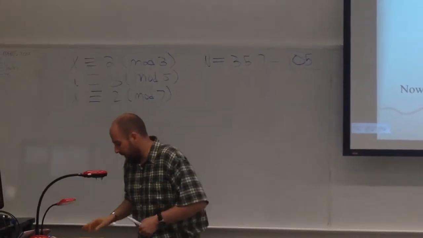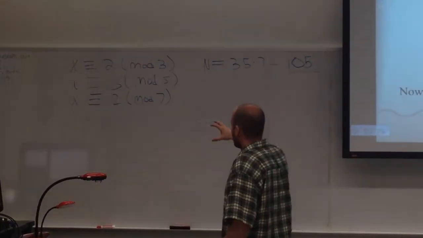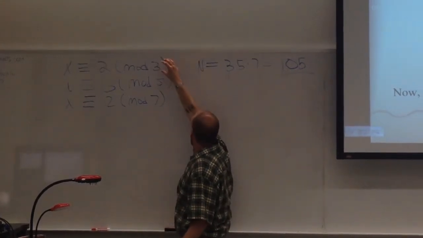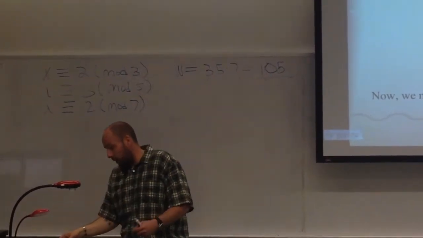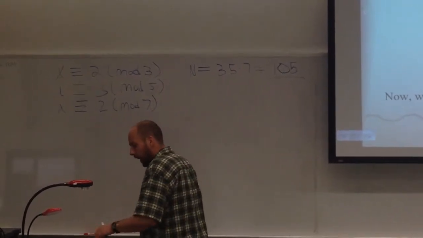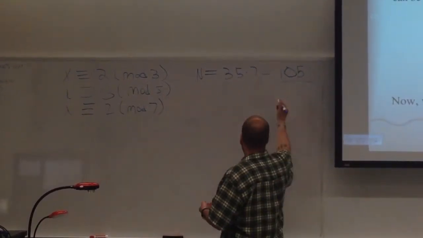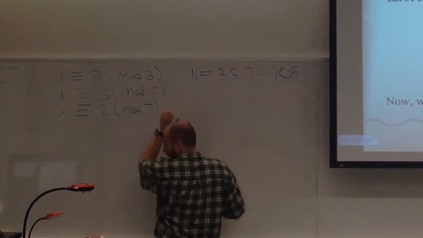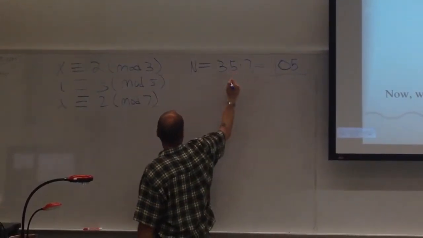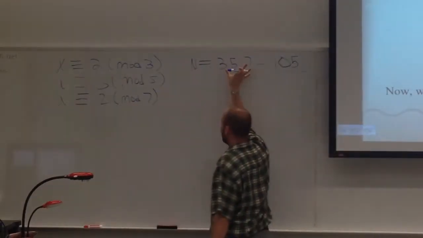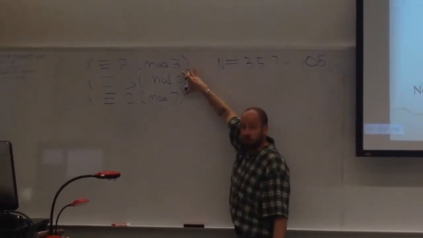Next, we need to find a number that satisfies each of the 3, so we're looking for our ci. We take 105 divided by the moduli of each, because we're multiplying all 3 together to get a single modulus.